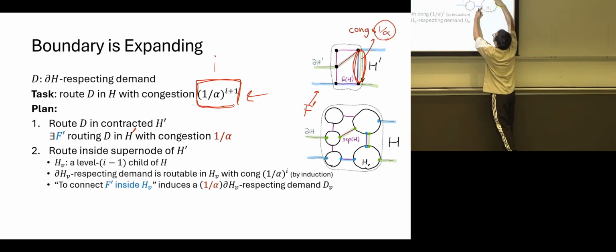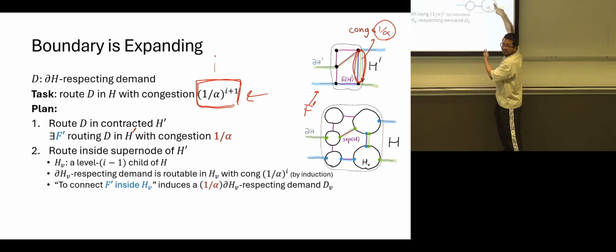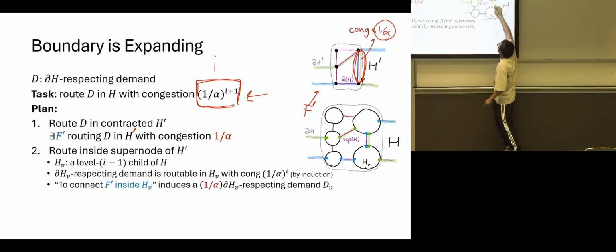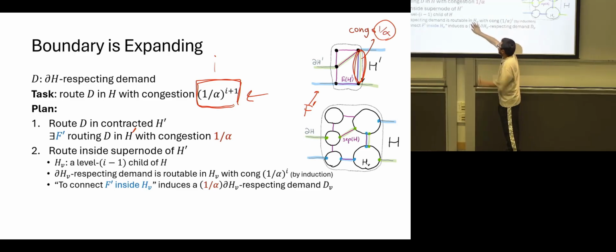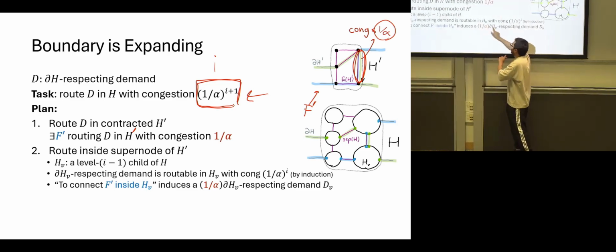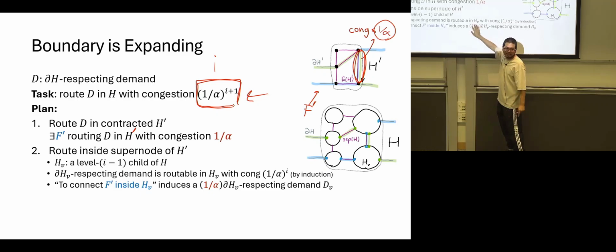It defines a demand in HV. If the flow in H prime has congestion 1, the demand in HV would be just a boundary of HV respecting demand.